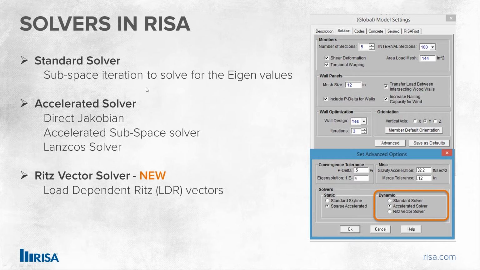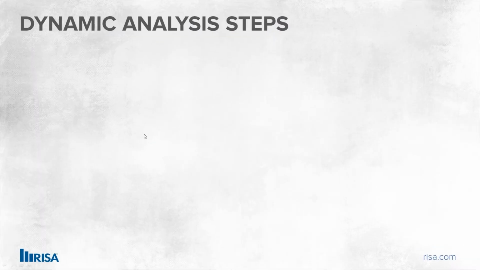A very rigid model might get better analysis with it, and we'll see. We actually switch to RITS vectors later in the presentation, and I'll show you how that will help you. So that one's in your back pocket. The other thing is, as we move towards time history, RITS vectors was one that we'd want to have as well.